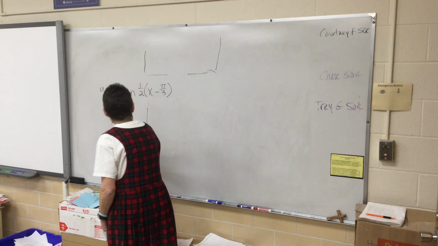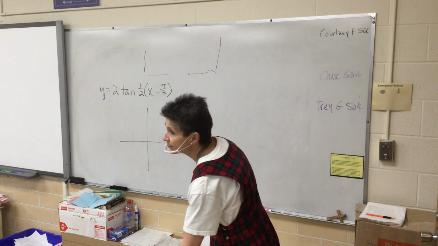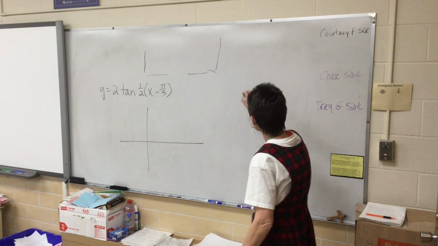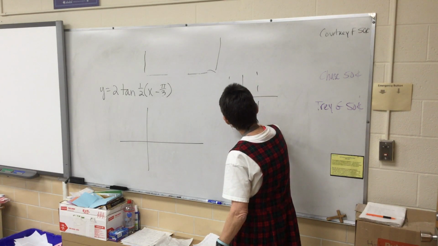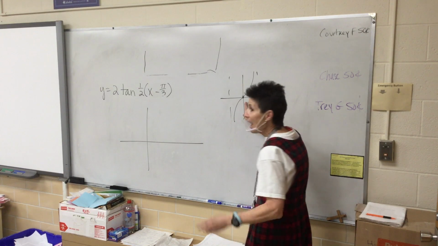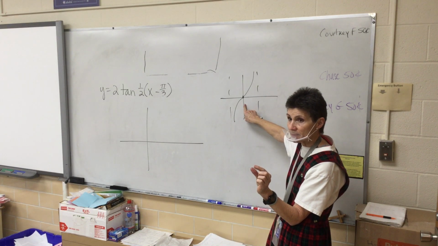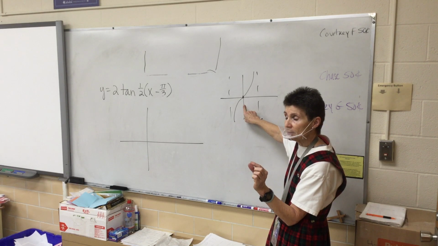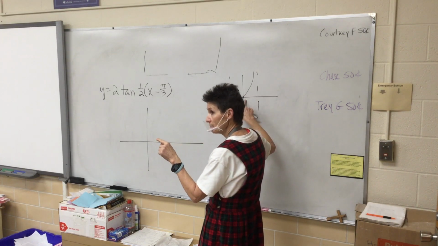All right. Now, I'm going to graph a tangent. And normally, in a tangent curve, at the origin, which is the beginning of all things, there's a dot. That dot has been moved.